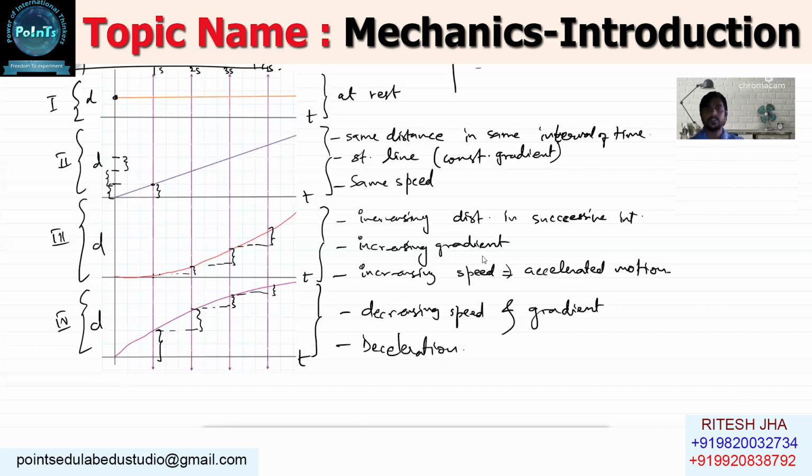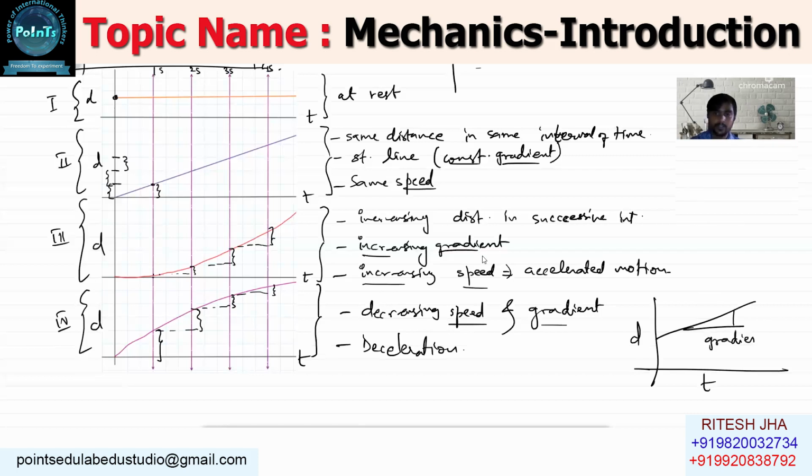In all these cases, when the gradient is constant, speed is constant. When the gradient is increasing, speed is increasing. When the gradient is decreasing, speed is decreasing. What we can conclude is that in the distance versus time graph, the gradient gives you the speed.